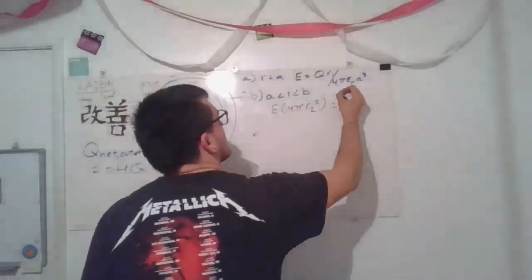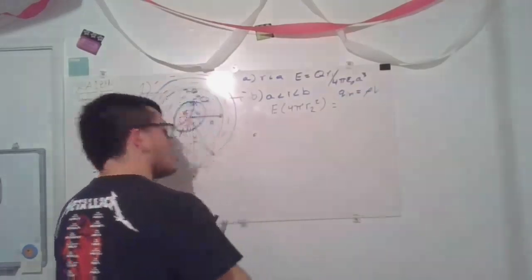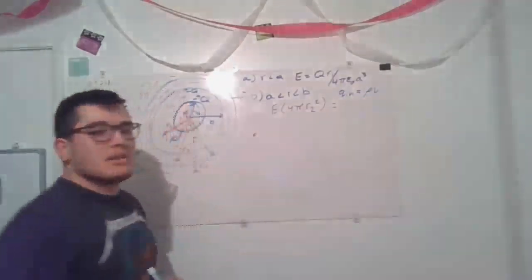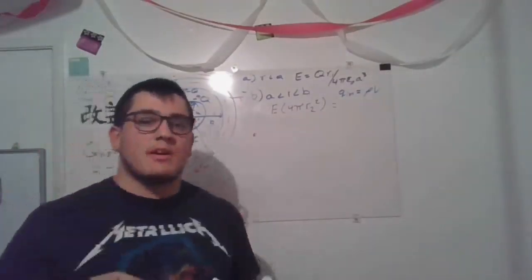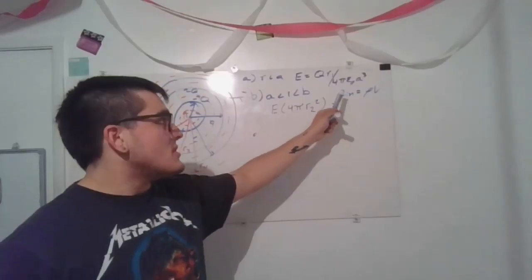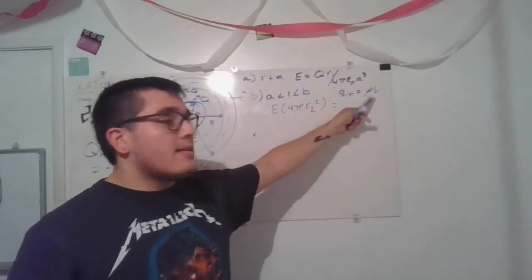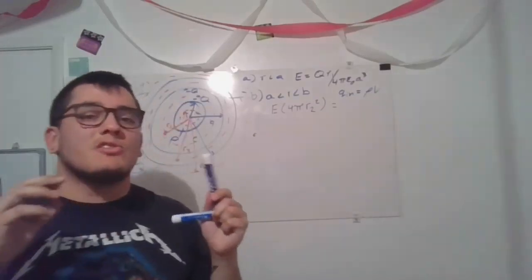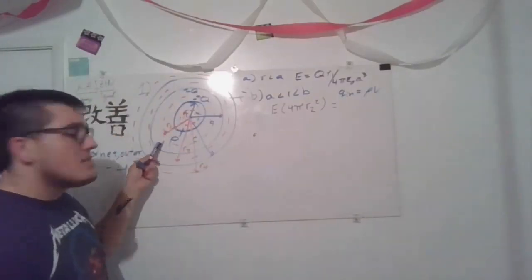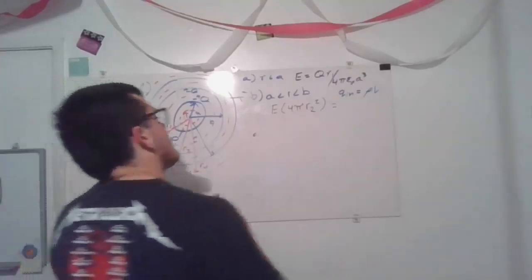And the volume is going to be where the charge is actually present. So the real key part for the right side here is this is Q enclosed. That's talking about the actual charge enclosed. So that volume must actually be where the charge is present. It's not going to be R2, it's going to be A, right? Okay.